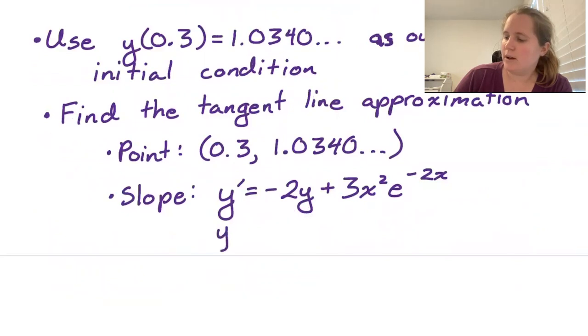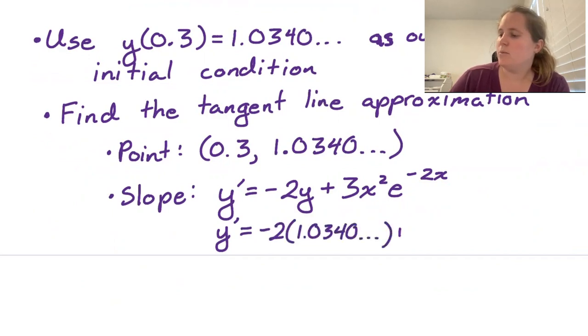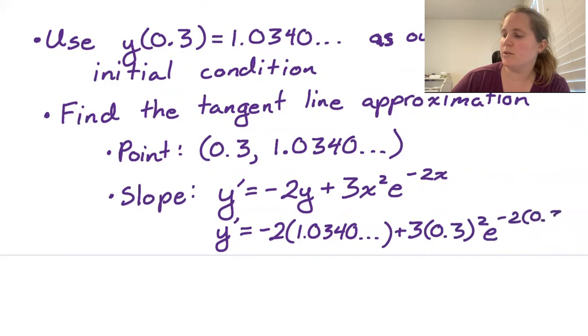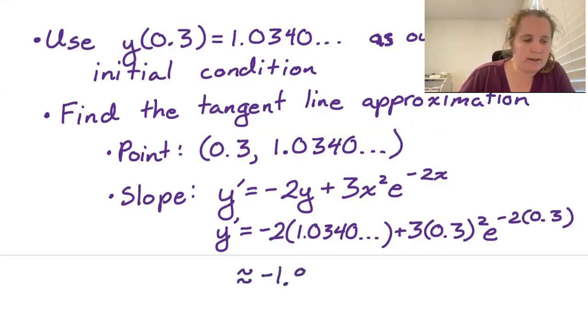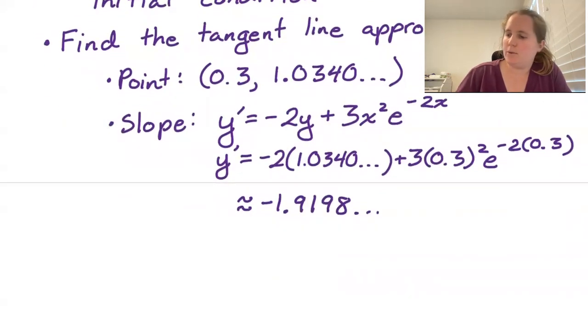So we are looking at y prime is equal to negative 2 times our 1.0340 plus 3 times 0.3 squared times e to the negative 2 times 0.3. Plugging that into our calculator, we get our slope is approximately negative 1.9198.